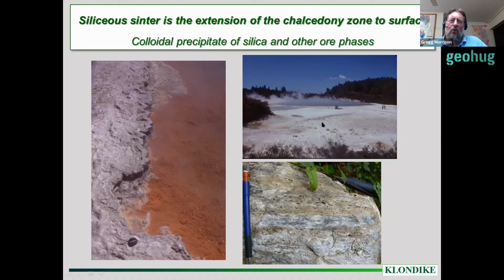So here's the Champagne Pool at Waiotapu. This is the famous antimony precipitate with all the gold in it. And here's the nice sort of ripple texture. So the water is spilling over and precipitating quartz along the edge here. The interesting thing is that a lot of sinter has an internal texture, a moss texture.